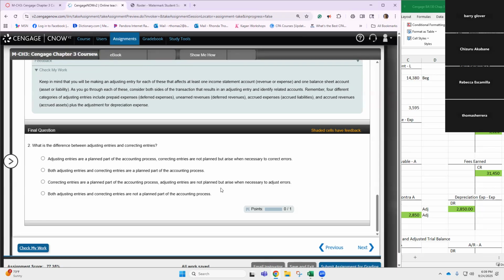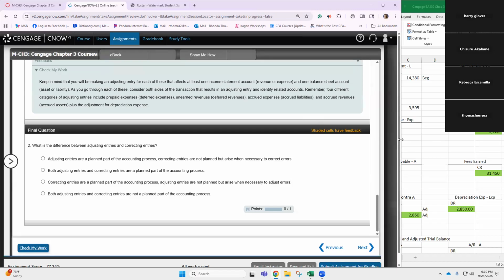Everybody good with that? Adjusting entries are planned, expected, part of the accounting process. But a correcting entry is when we miskeyed, we misread, or we didn't know there was another part to an entry, and we need to make a correction. So adjustments are not corrections. Adjustments are planned and part of the accounting process.